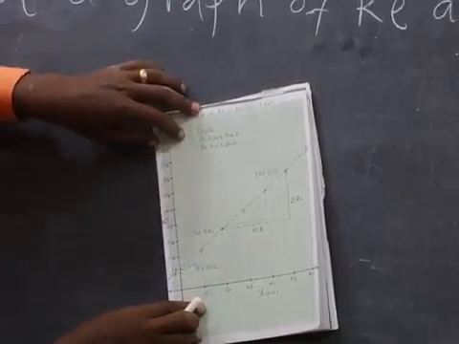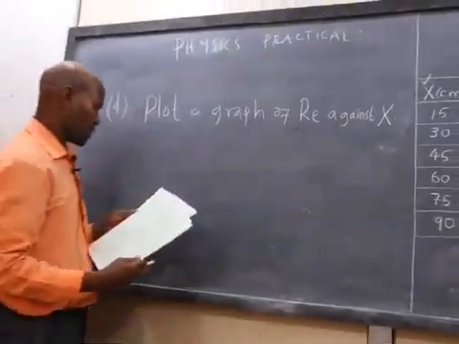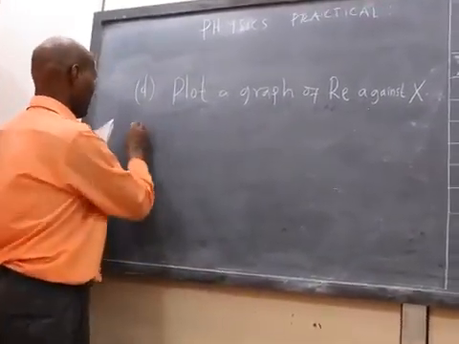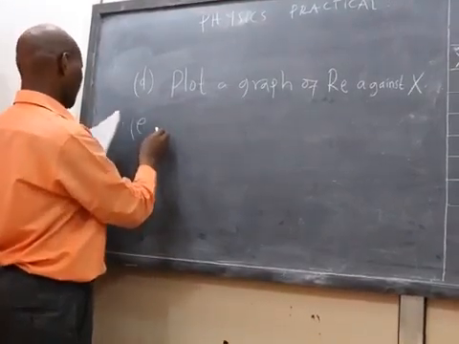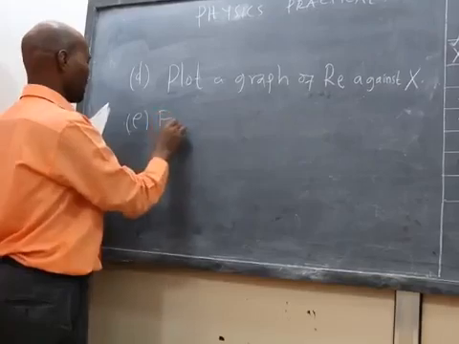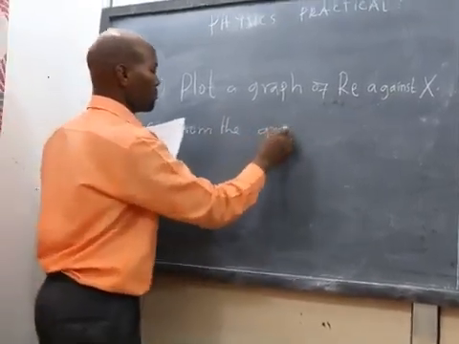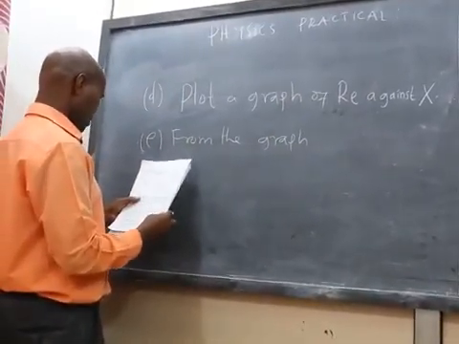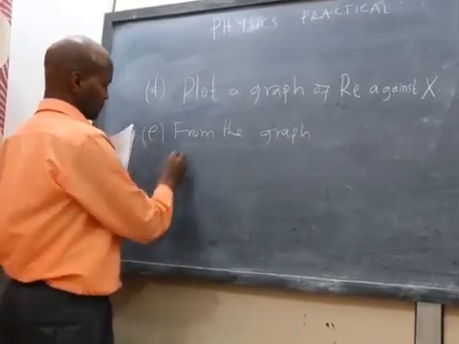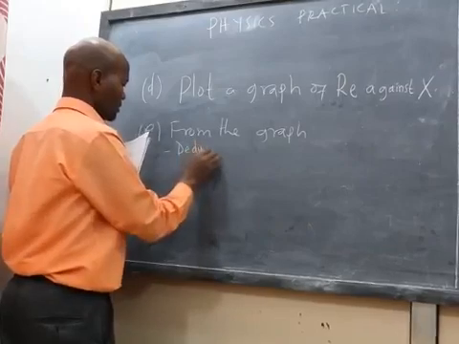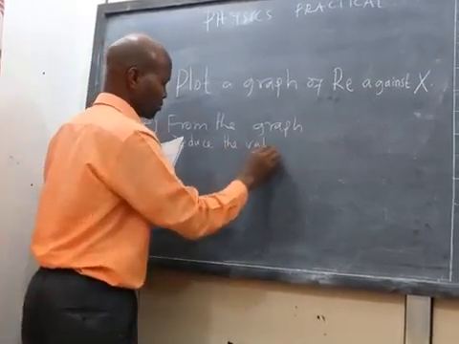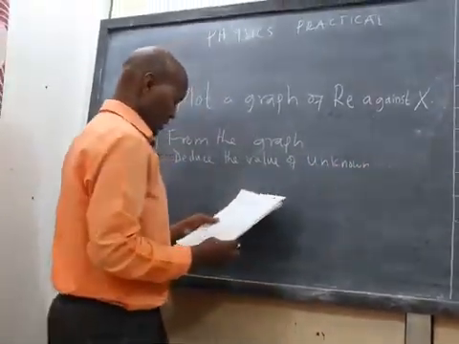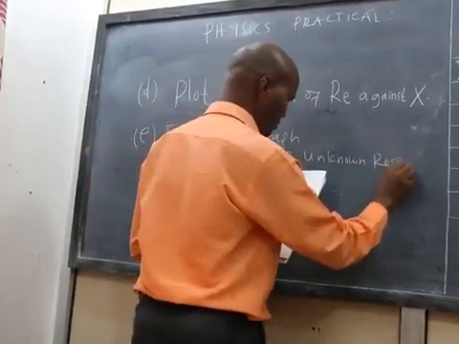Okay, now according to the question paper, we are told to, from the graph, that is now E Roman 1, deduce the value of a known resistance.